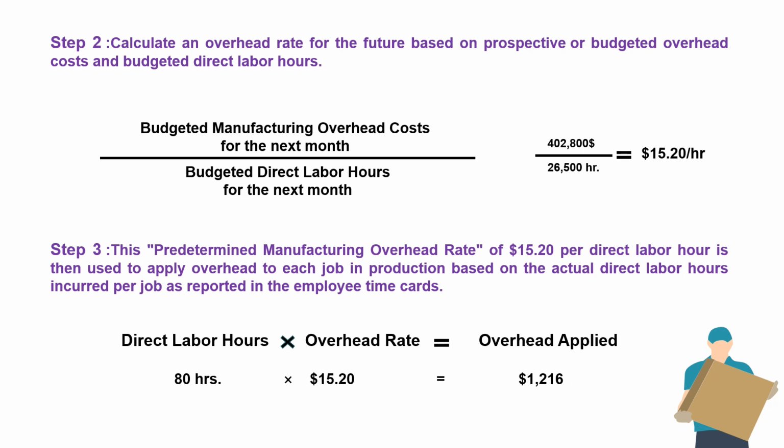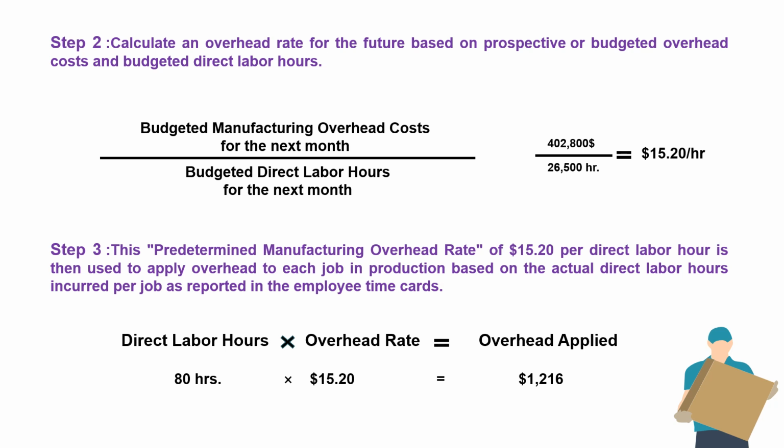What costs are included in this $1,216? Well, they are overhead costs. In other words, of the supervisor's salary, indirect labor, and indirect materials, these supplies and nails and the utility bills and depreciation, we think that on a combined basis, on average, we incur those costs at about $15.20 for every hour of direct labor.